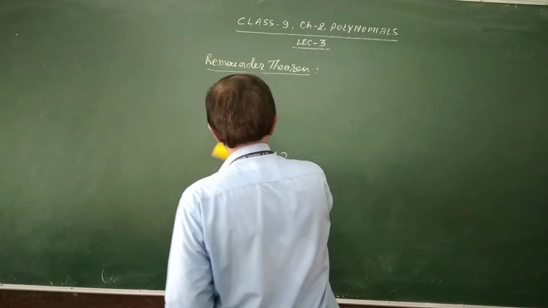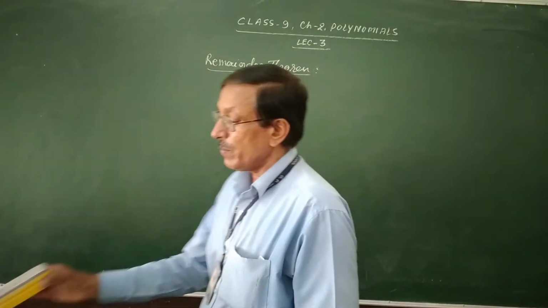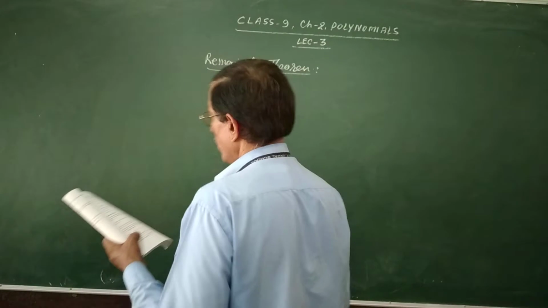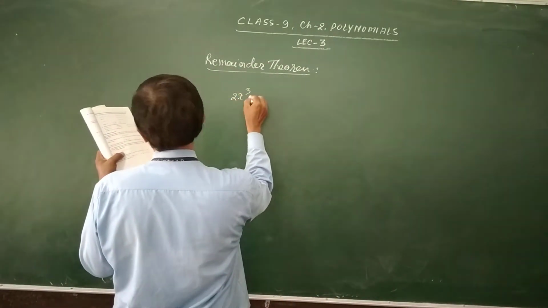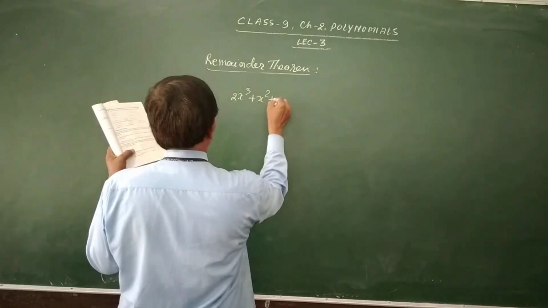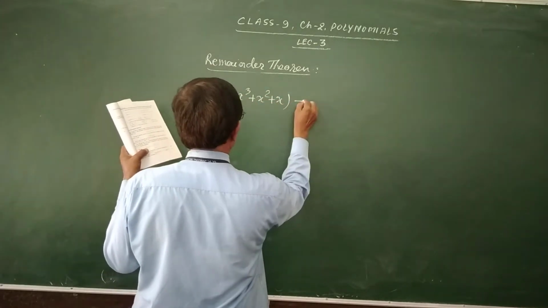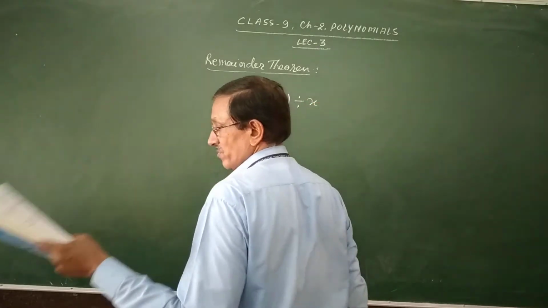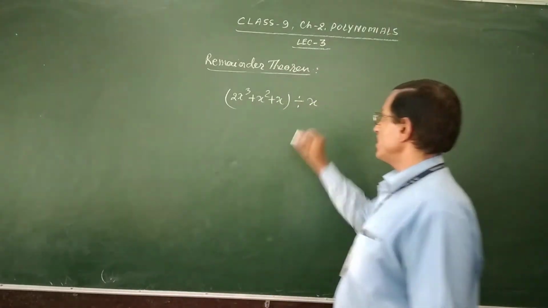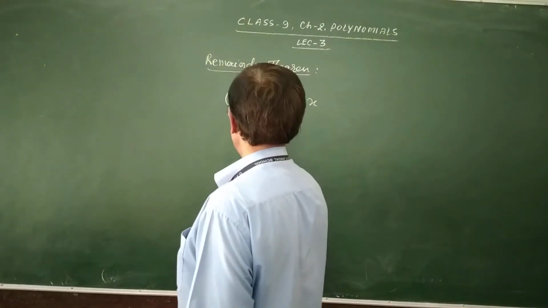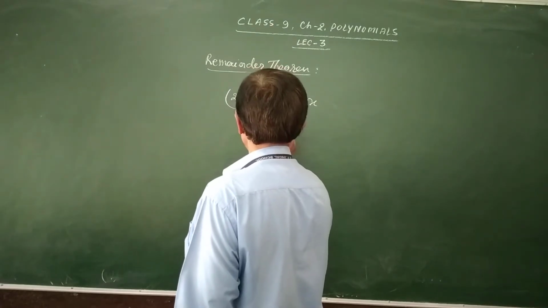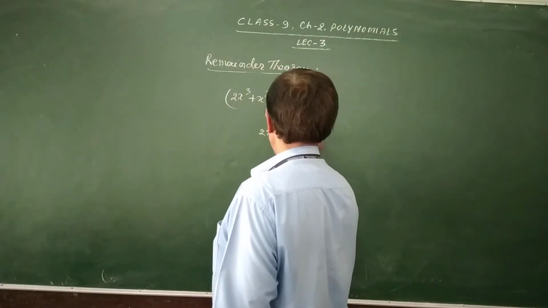When we see in polynomial, if we take one polynomial, first polynomial is 2x cube plus x square plus x. If this polynomial is divided by x, then what will be the quotient and what will be the remainder? See like this: 2x cube plus x square plus x.